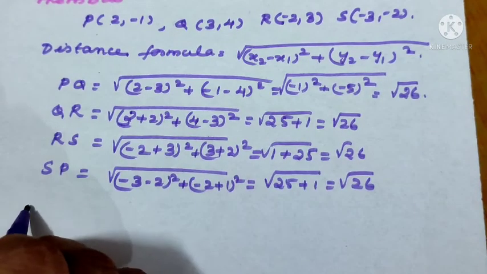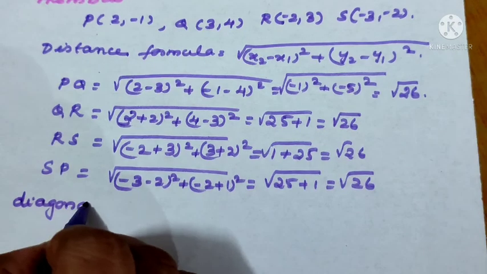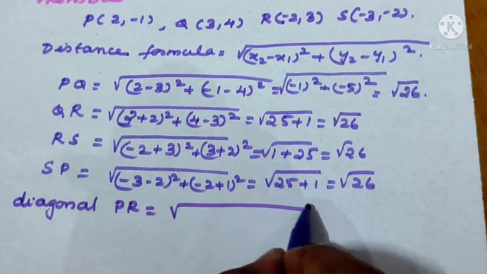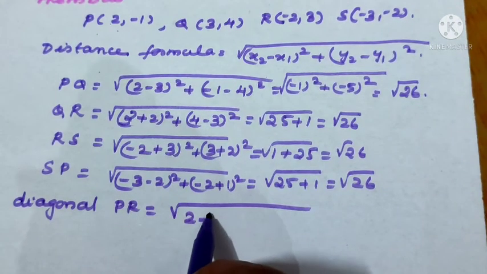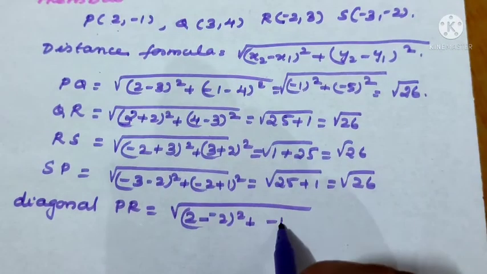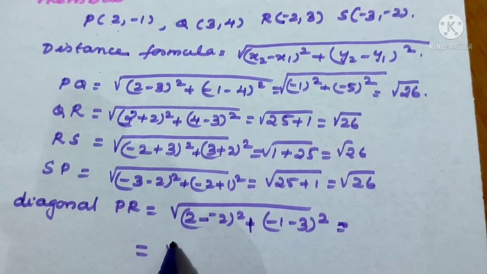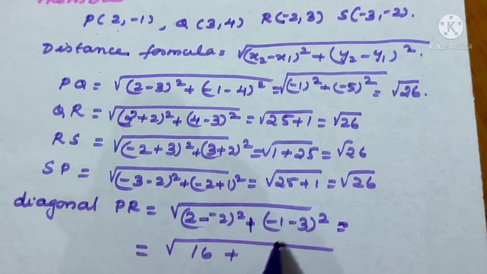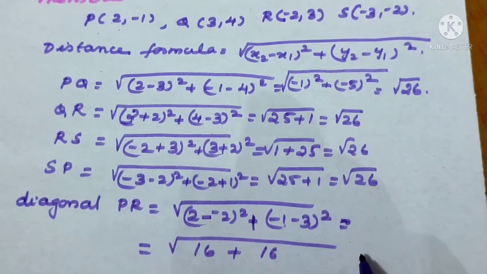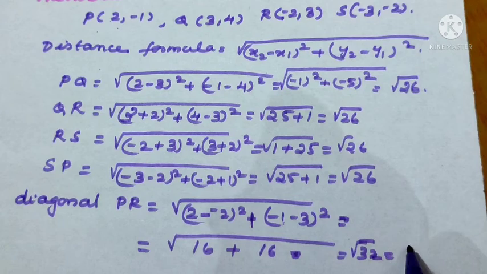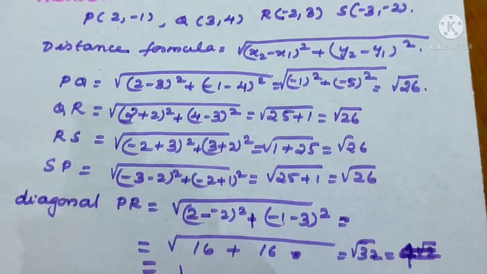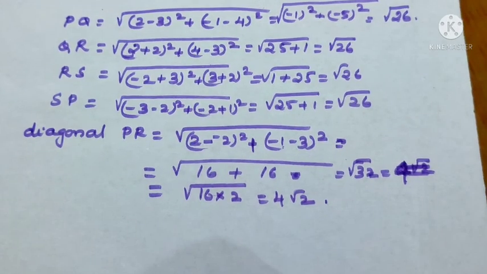So we calculate the length of PR: root of (2 minus (-2)) whole square plus (-1 minus 3) whole square. 2 plus 2 is 4, square is 16, and minus 3 minus 1 is minus 4, square is also 16. So root 32, which is 16 into 2, root of 16 is 4, so 4 root 2. So 4 root 2 is the diagonal PR.